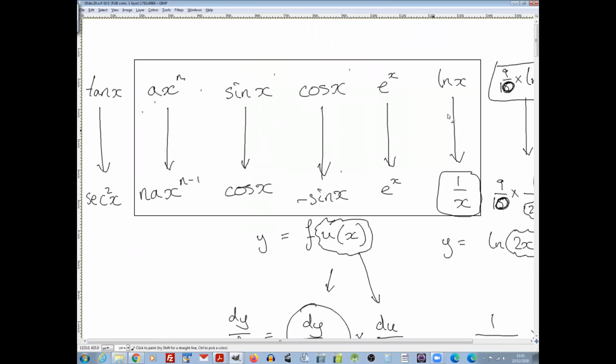Remember these 5 basic ones? This one, x to the -1, is the one that didn't work, isn't it? So what one do we use to integrate 1 over x? 1 over x.